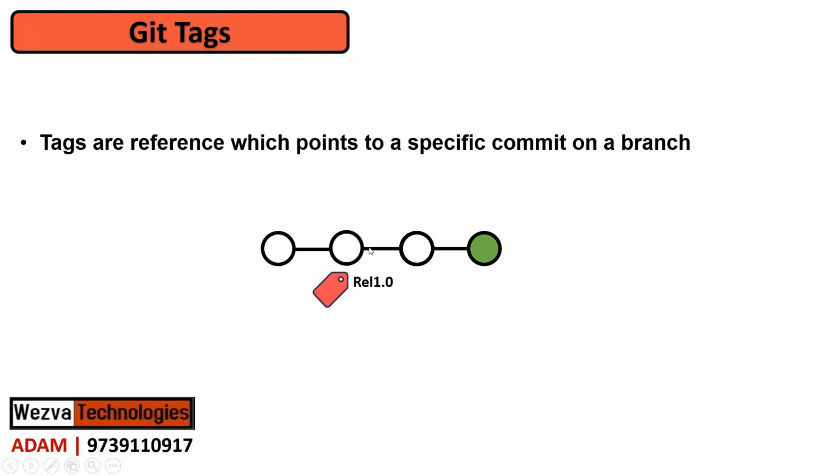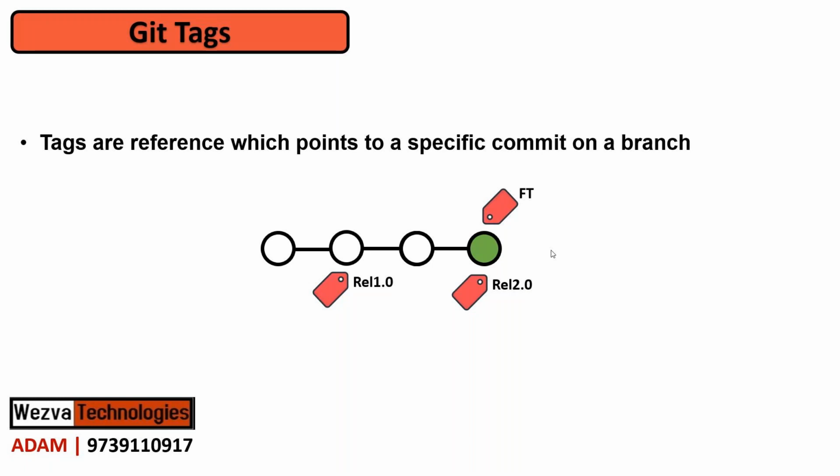A tag can be used to identify when a release happened. For every release, you can create a tag name and attach it to a particular commit ID, so that instead of remembering the commit ID, if you refer to the particular tag name, you will be redirected to the same commit ID. Not just that, you can also use a tag to mark your day-to-day activities like testing.